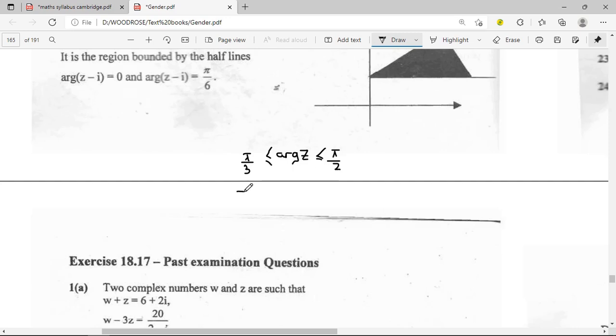Let's rewrite that form: pi over 3 less or equal to argument of (z minus, here we have nothing, 0 plus 0i). So this will be our z1. It's less or equal to pi over 2.